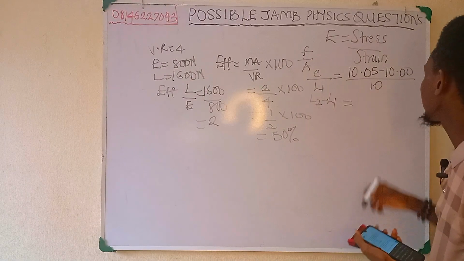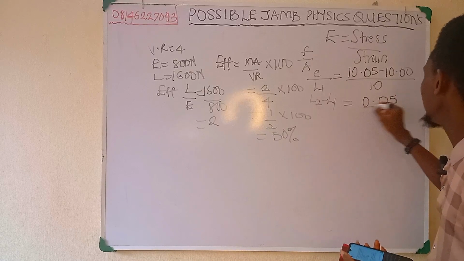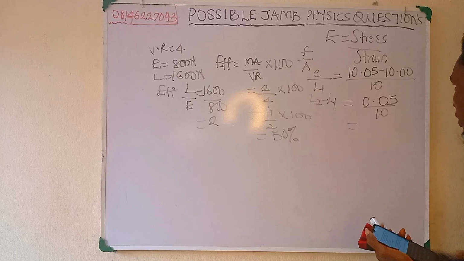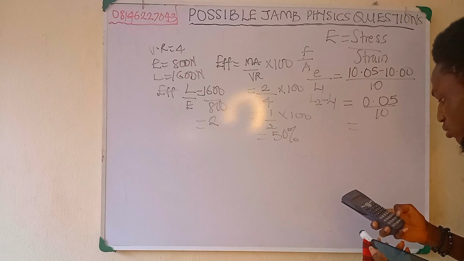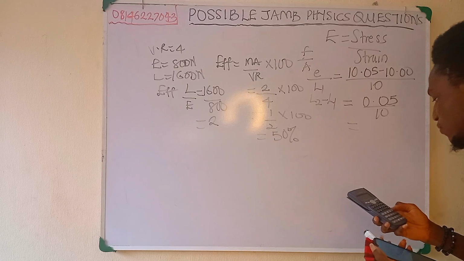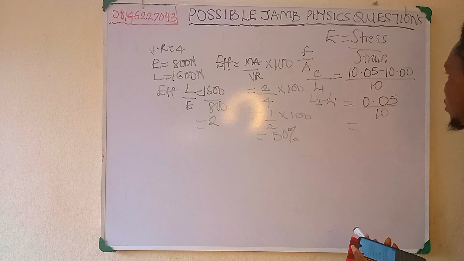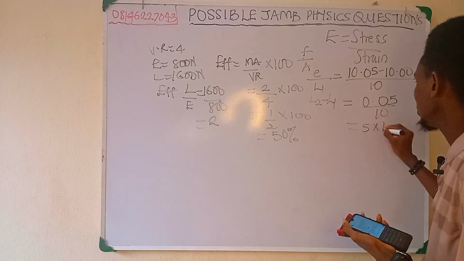So 10.05 minus 10.00 gives you 0.05, divided by 10. If you punch it into your calculator, you're going to get 5 times 10 raised to the power minus 3. So our strain is 5 times 10 raised to the power minus 3.